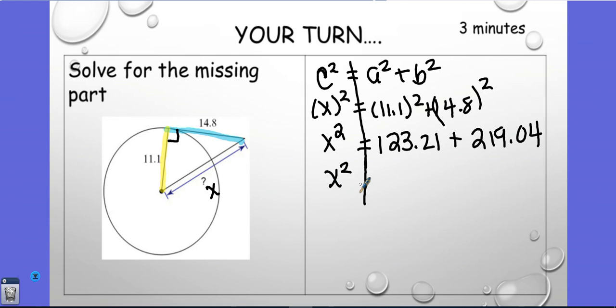So we get x squared equals, and then we would do the math here. I'm going to run my mental math. So you get 442.25. You can double check behind me with the calculator.